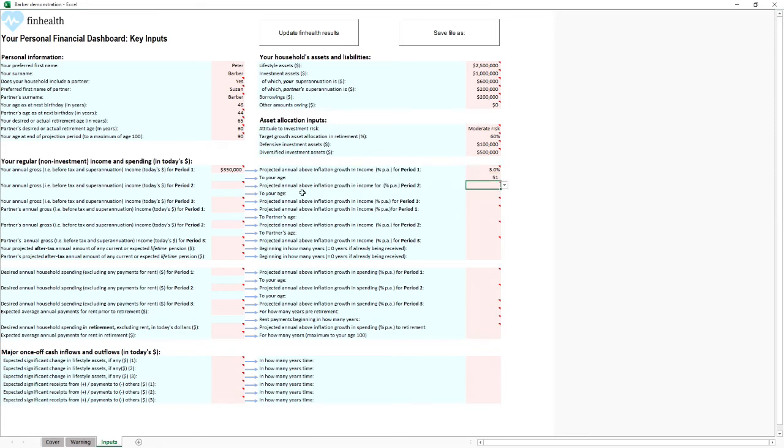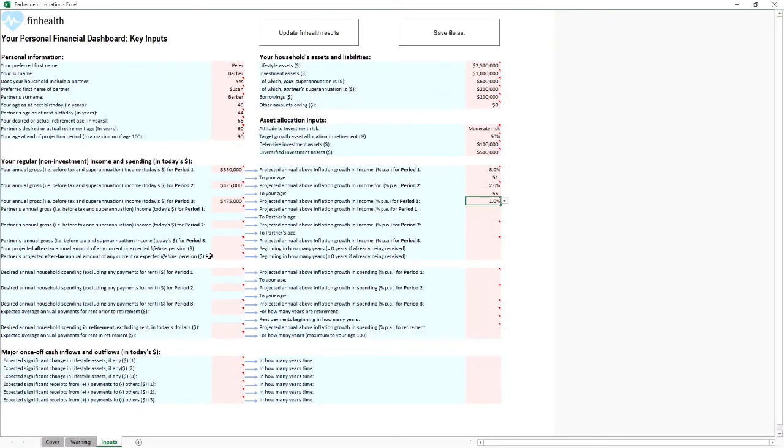From age 51 to his age 55, he expects his base salary to start at $425,000 and to grow at 2% per annum above inflation to his age 55. And then from 55 to retirement, he expects to be earning a base of $475,000, growing at 1%.